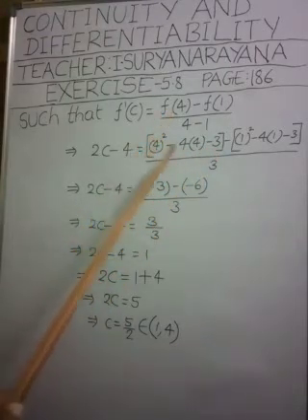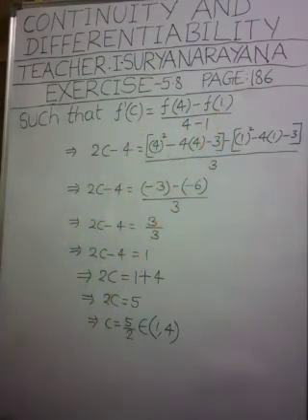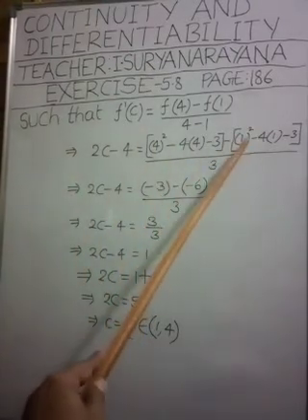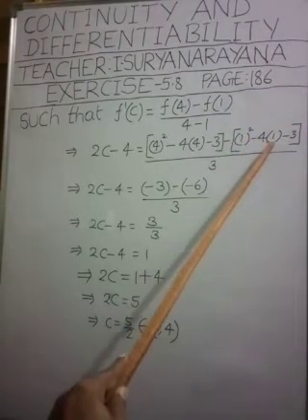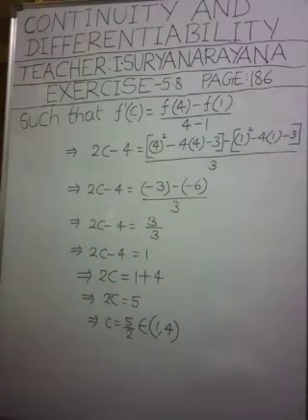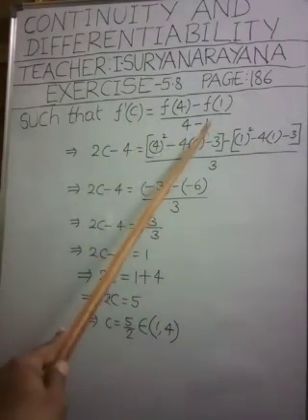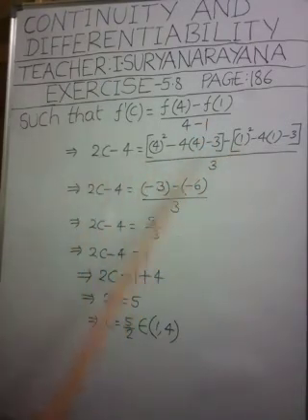This is f(4) value minus f(1). F(1) means in the function f(x), substitute x is equal to 1. Then we get these three terms: 1 whole square minus 4 into 1 minus 3. Understood this second part, my children? Whole divided by 4 minus 1. What will you get? 3. Understood this step, my children?